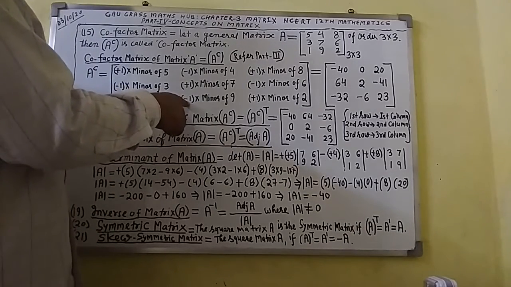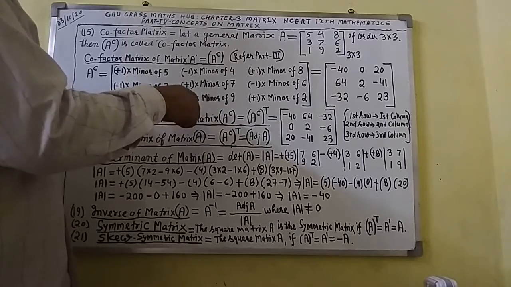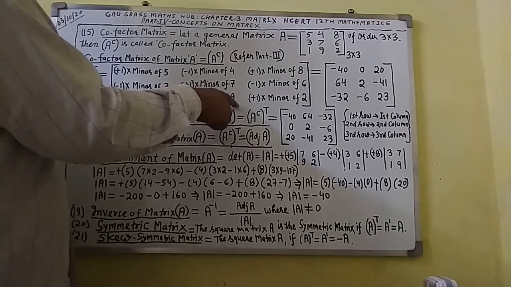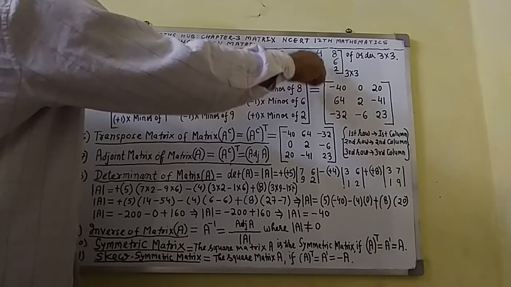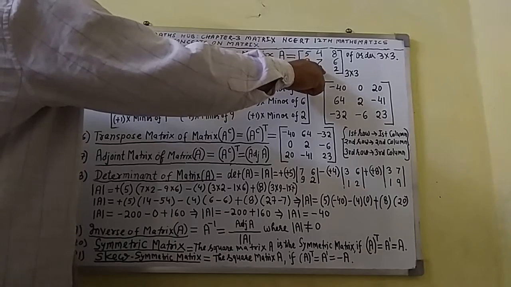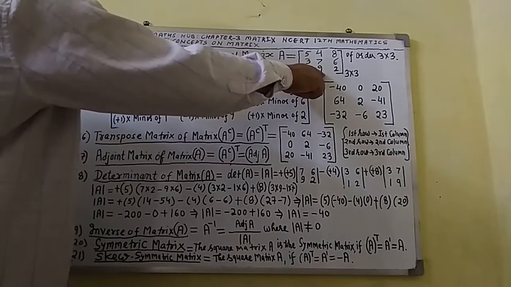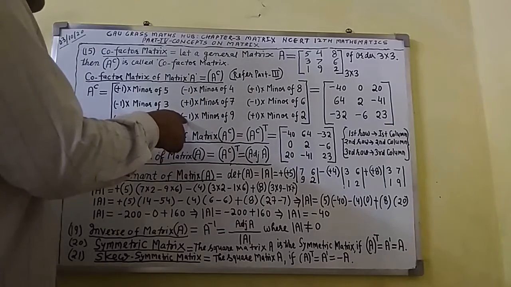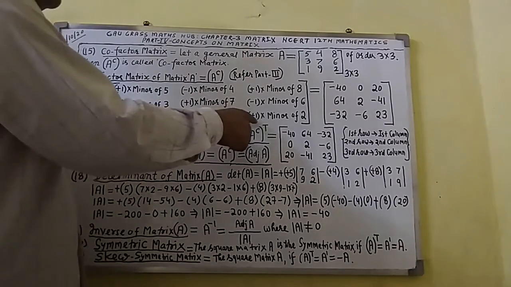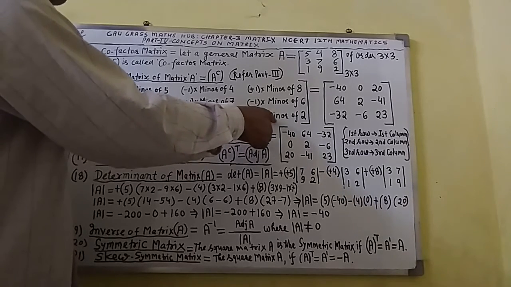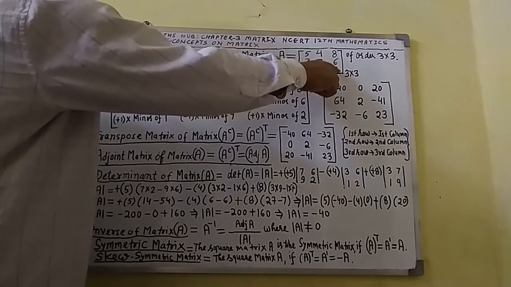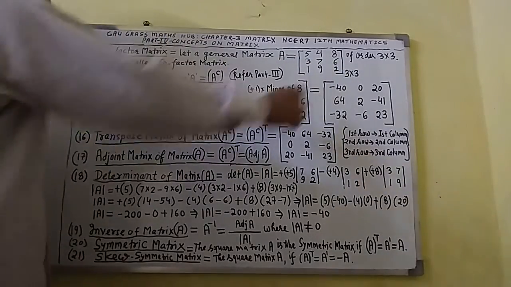Here minus 1 is a constant, will always be there and will multiply to minor of 9. Here you can see in third row and second column the element is 9. The minor of 9 will multiply to minus 1. And here plus 1 will always be there, will multiply to minor of element 2.